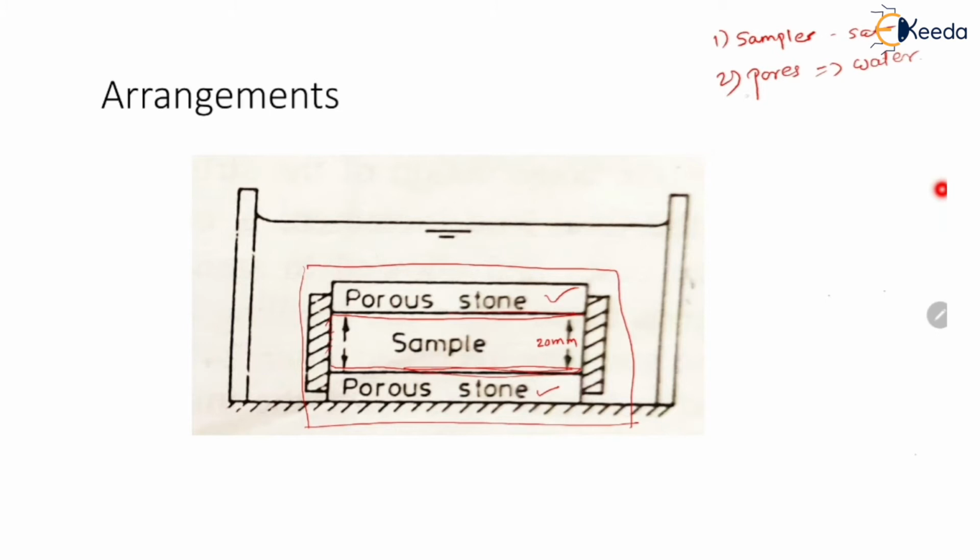In order to achieve this goal, the porous stones are placed inside water and boiled for 15 minutes, or they are kept submerged under water for 4 to 8 hours. And then this consolidation cell is placed in a water jacket, so that the water has free access into and out of the sample.